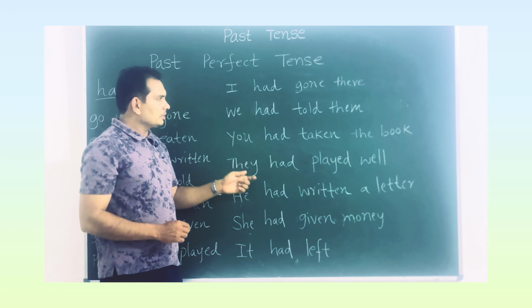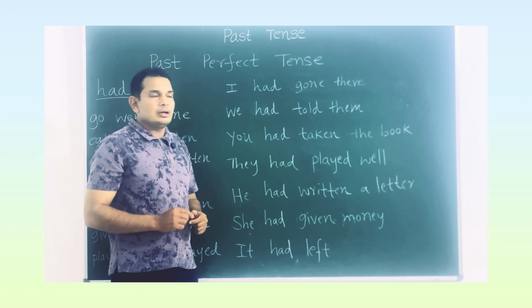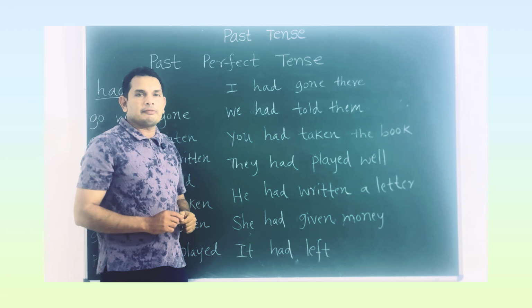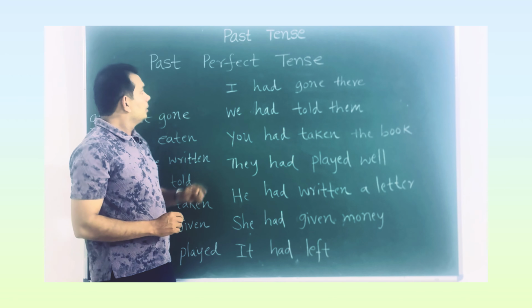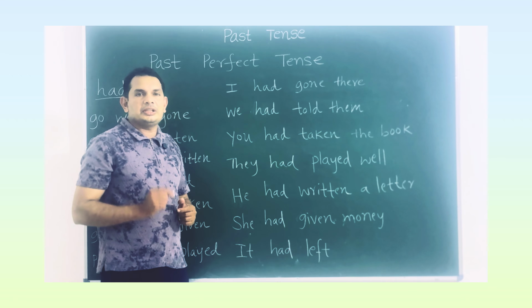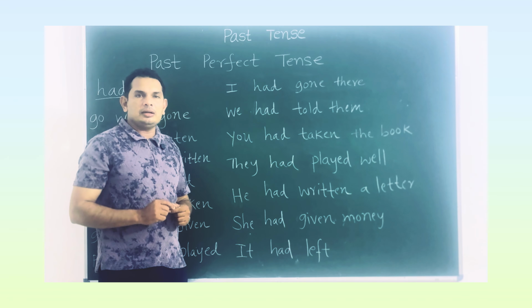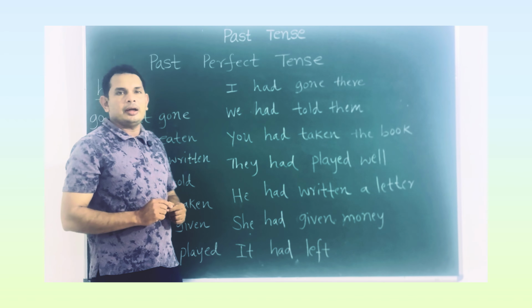Here are some examples. Before discussing them, let me tell you the difference between past perfect tense and present perfect tense. In the present perfect tense, as we have learned, we use the auxiliaries have and has. We use the auxiliary have with I, we, you and they, and has with he, she and it.